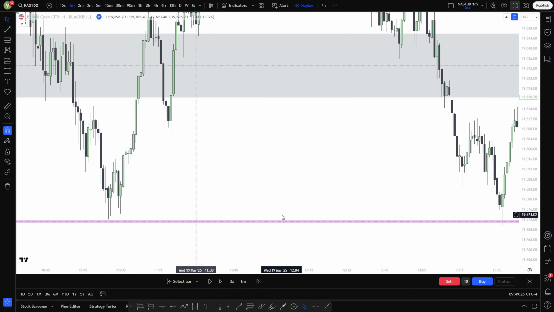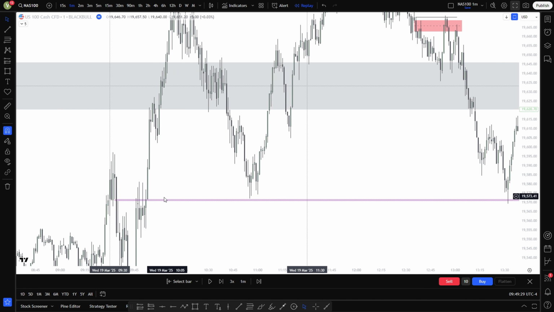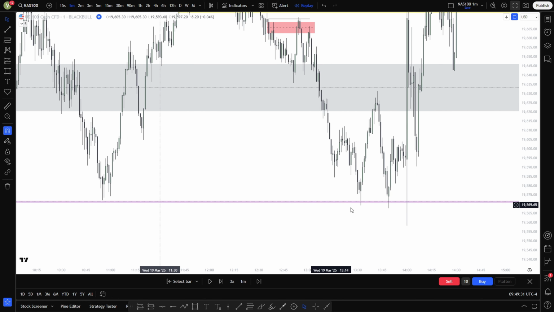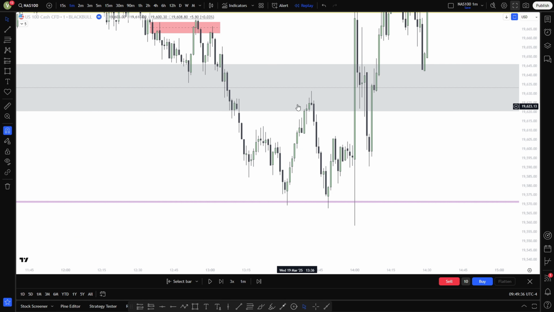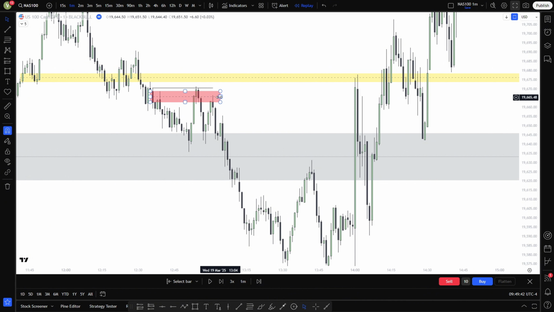The first presented fair value gap after 9:30. Here it is. And we already discussed the setup that this one gave for a bullish move. Okay, wonderful.